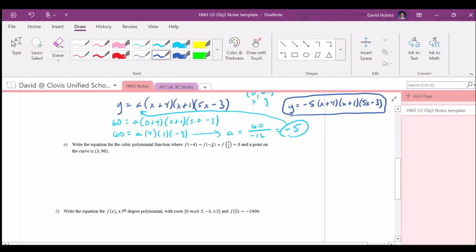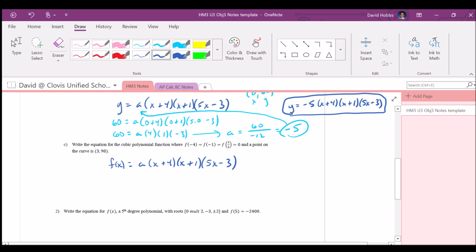And so really, this is telling you the exact same information as part A and part B. And so, again, this time instead of saying y equals, I'm going to say f of x. And so, a times x plus 4, x plus 1, and 5x minus 3.